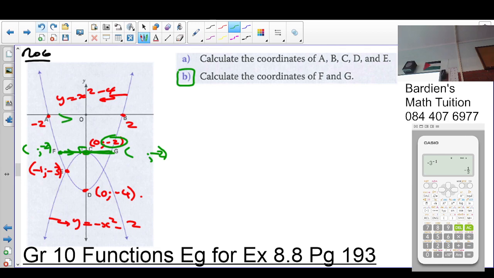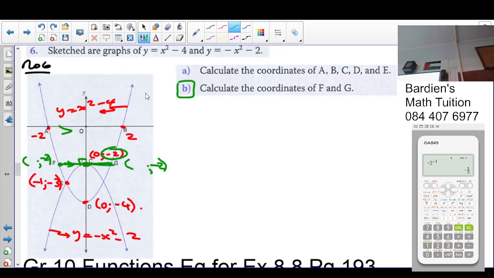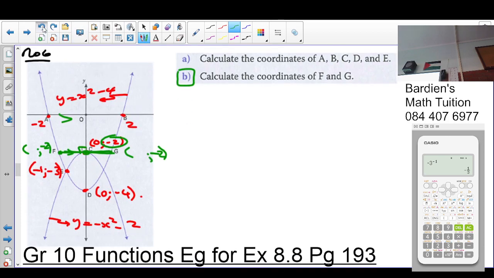Okay, can you see that? But it's clear from the sketch that the y value is going to be -2. So what we do is we're going to substitute y is equal to -2 into that parabola of y equals x squared minus 4.